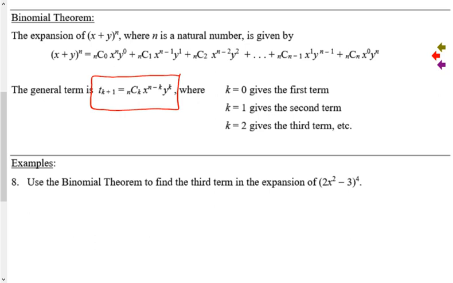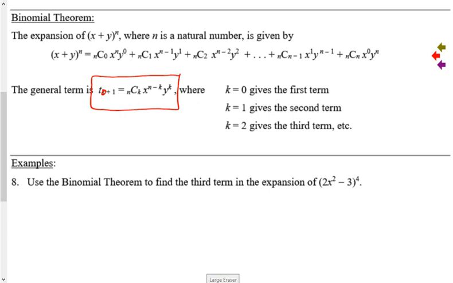I think your workbook maybe has a subscript here of k or some other letter, and then has different variables in the exponents. We'll go with this one. If k is 0, that would give me the first term because I would have 0 plus 1. That would be term 1 in my expansion. Similarly, if k was 1, it would give me the second term. K equals 2 gives me the third term.